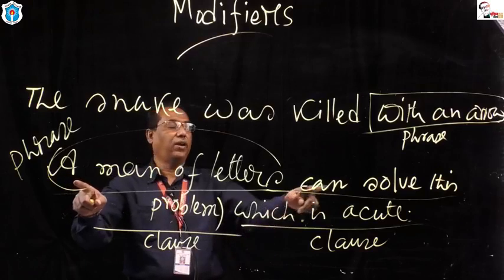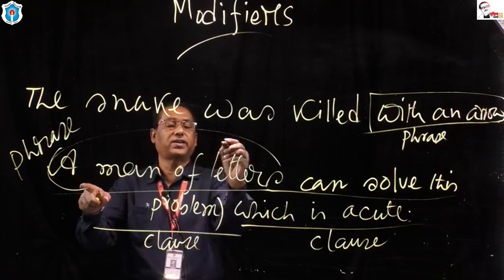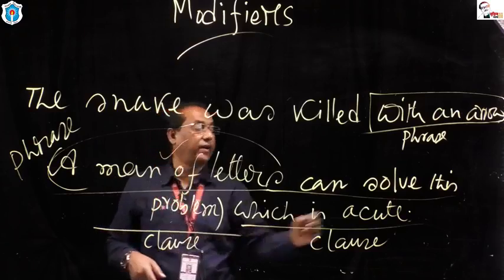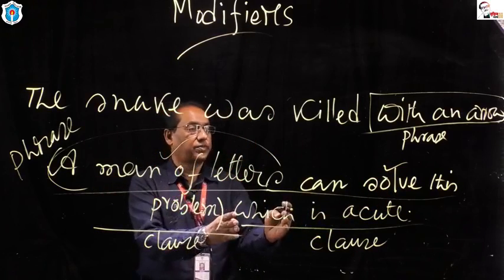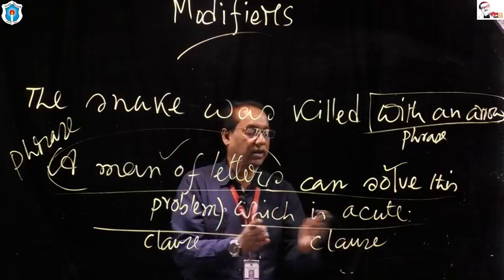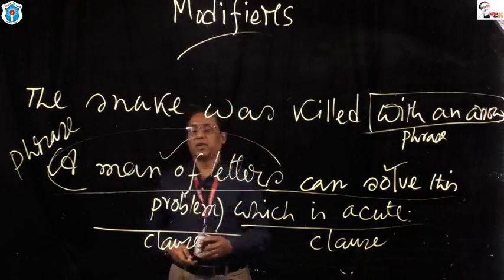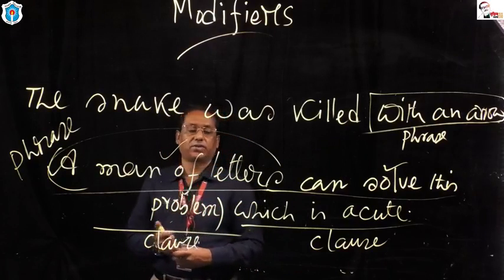First, a man of letters can solve this problem. This is a part of a sentence. It has a subject and a finite verb. So it is a clause. Again, which is acute has a subject and a verb. So here is also a clause. So this sentence contains two clauses.